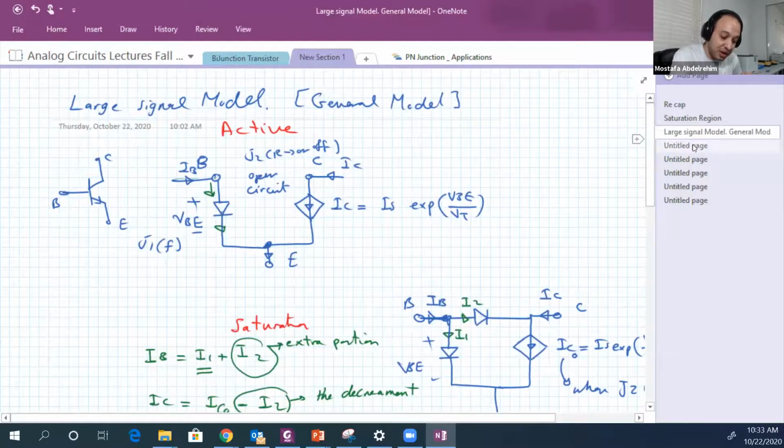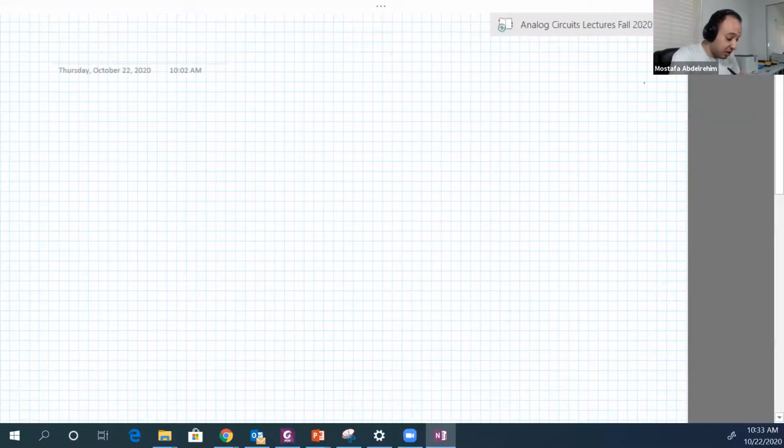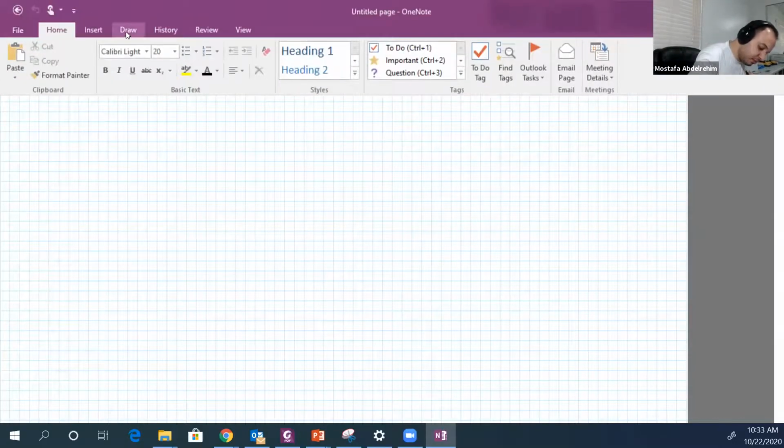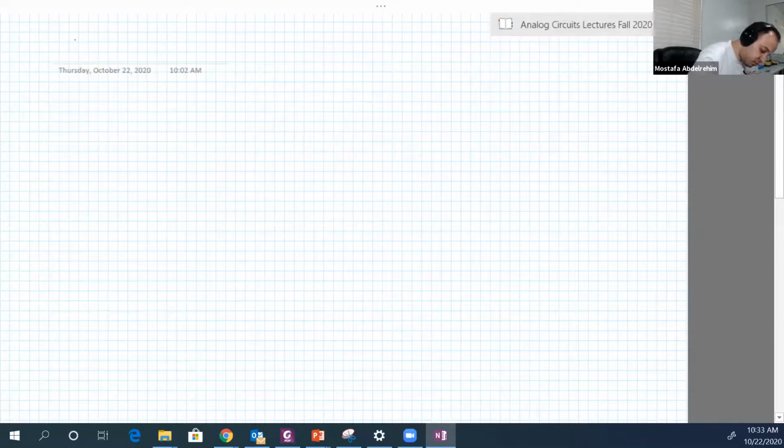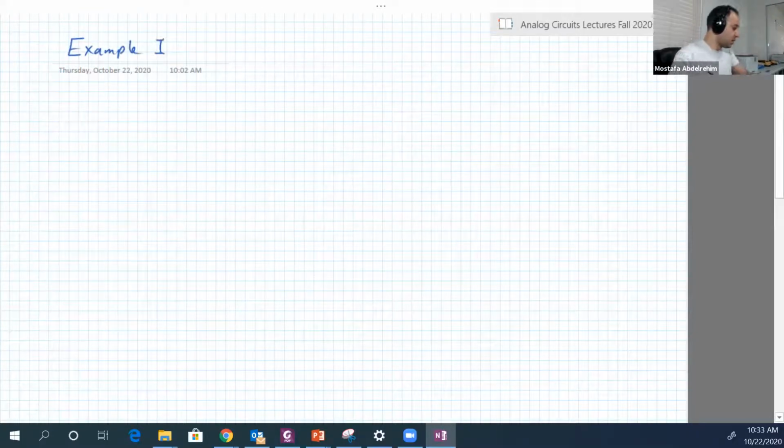solve diode and transistor circuits. Okay, so let's take two examples. Example one. We have here a circuit.